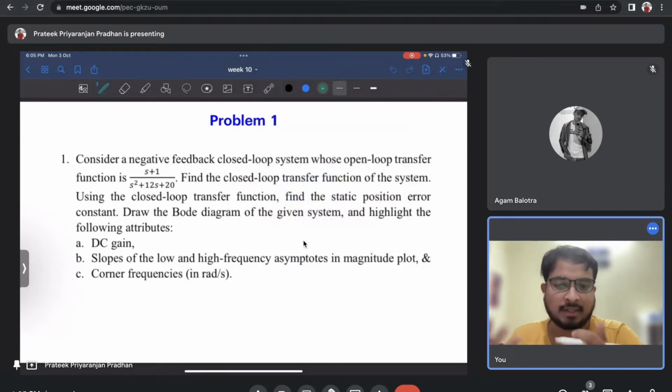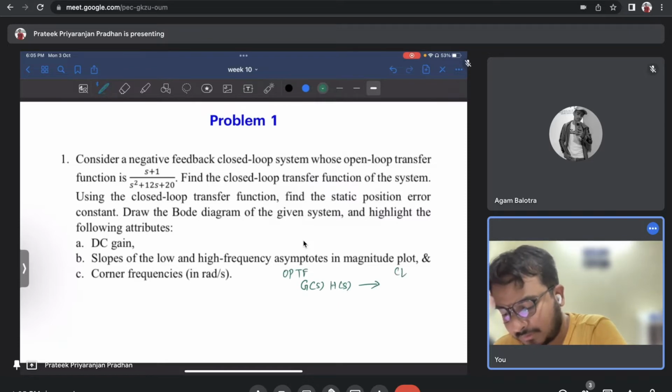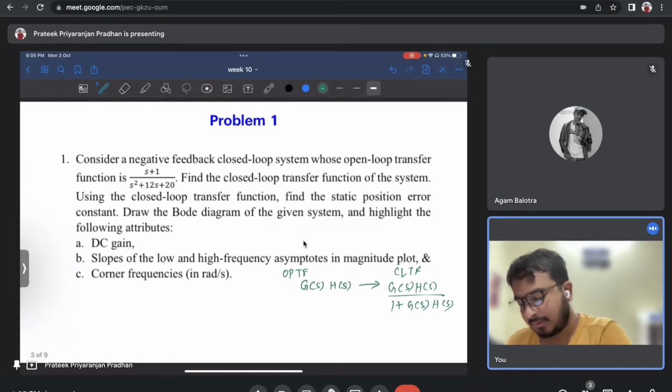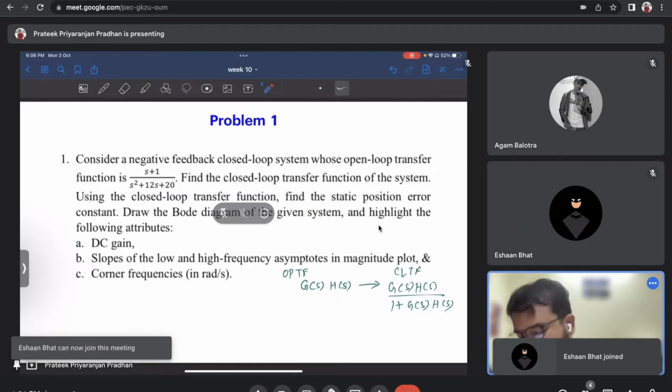If G(s)H(s) is the open loop system, then the closed loop transfer function will be G(s)H(s) divided by, with unity feedback, 1 plus G(s)H(s). So just quickly calculate.